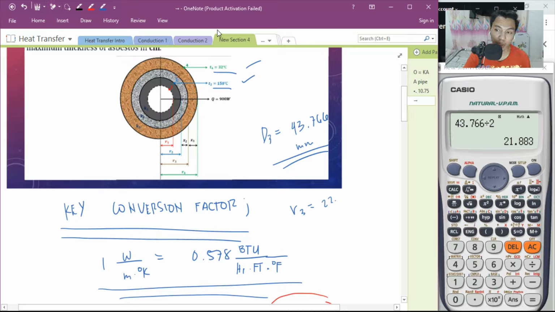So, almost 22. Yan yung kinalkyo ko. Matagal siya mag-shift solve. 21.883 mm. That is the quirk.